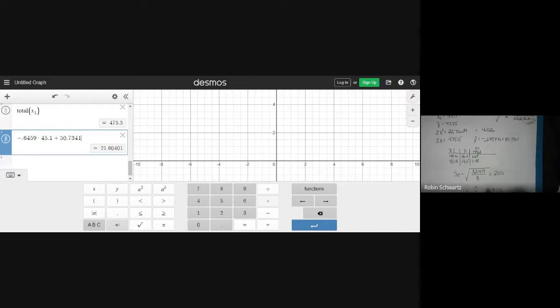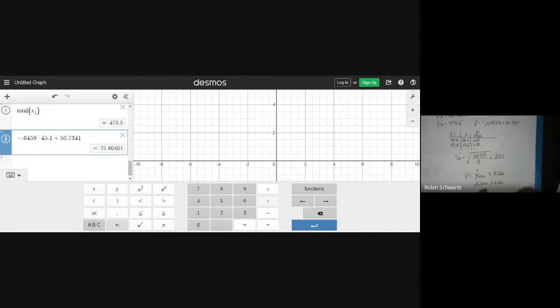There it is. So that came out 21.604 plus or minus 4.026. So we expect the y value to fall in between these two results.